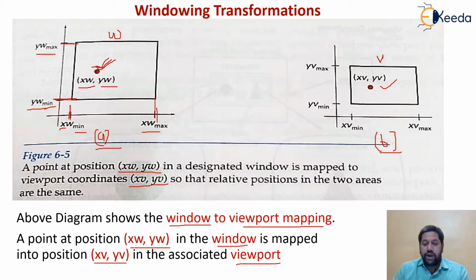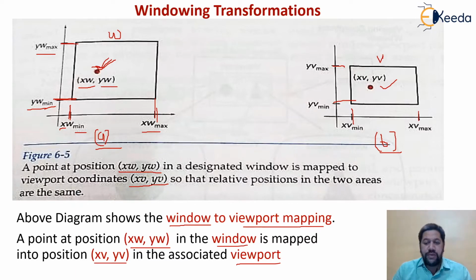Similarly, as I have the minimum and maximum values of the x and y coordinates for the window, the viewport also has these values. This indicates xv minimum, this xv maximum, this yv minimum and this yv maximum.